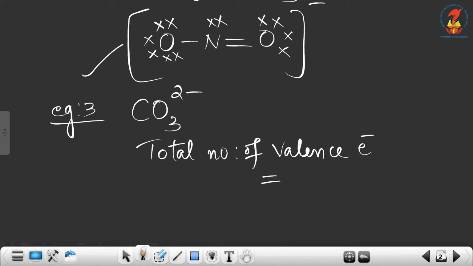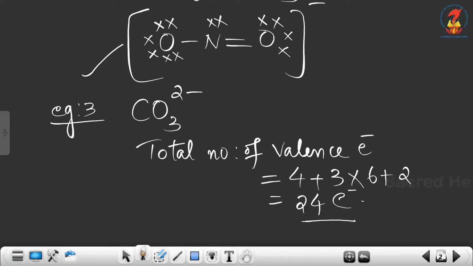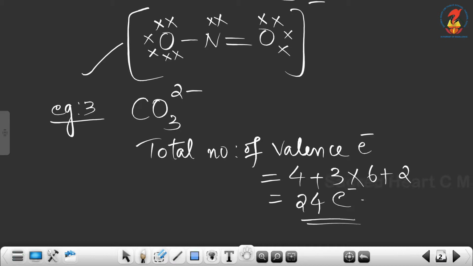Carbon 4 plus 3 into 6. Oxygen valence electron is 6, plus 2 because it is 2 minus. So what is the answer? 6 into 3. 6 threes are 18, 19, 20. We have total 20 plus 4, 24 electrons.